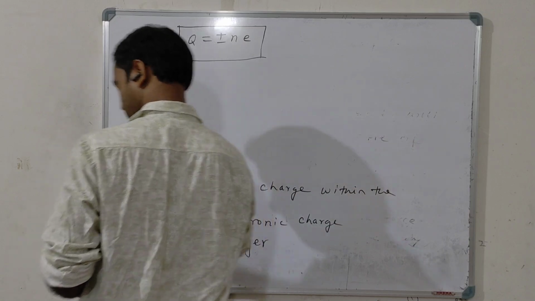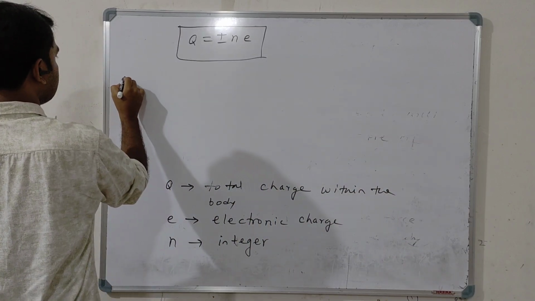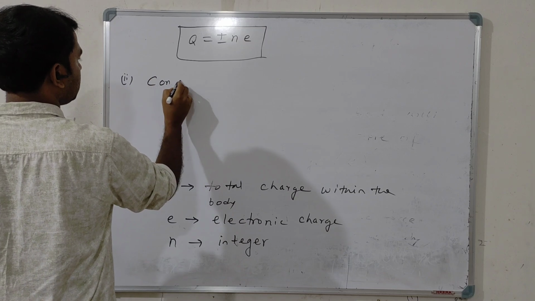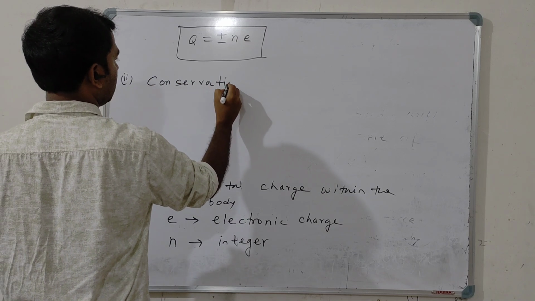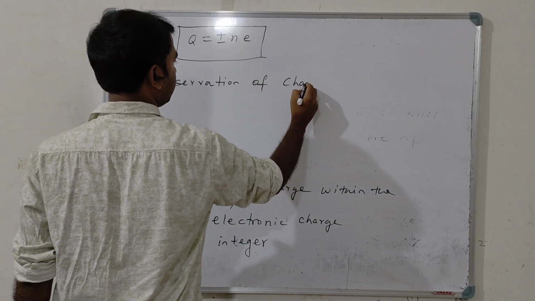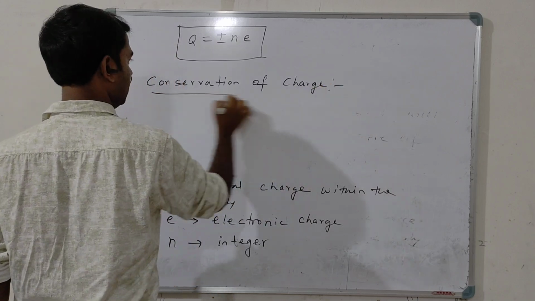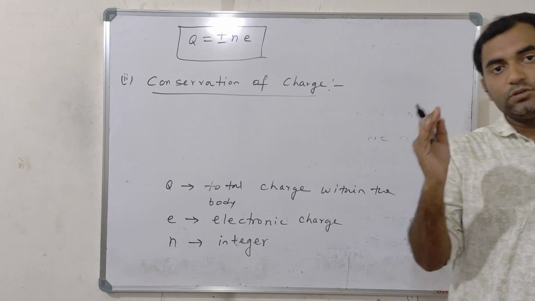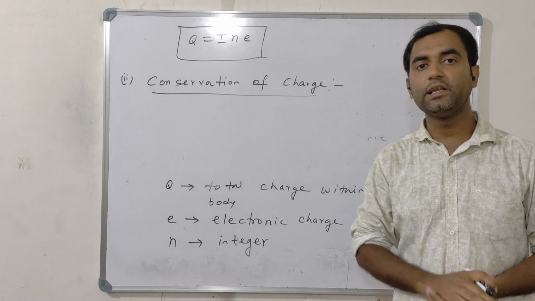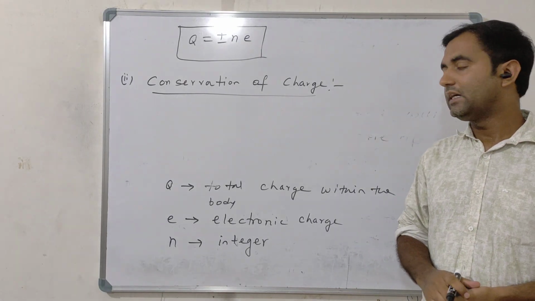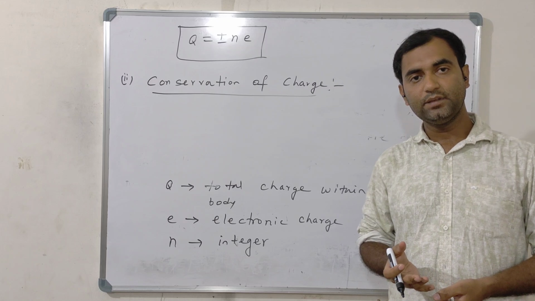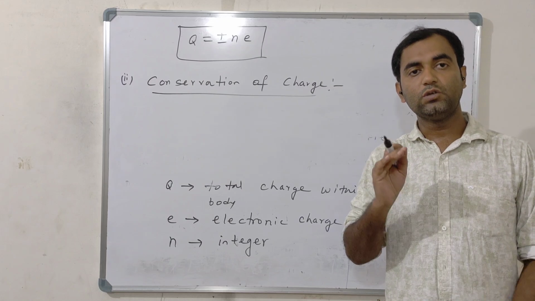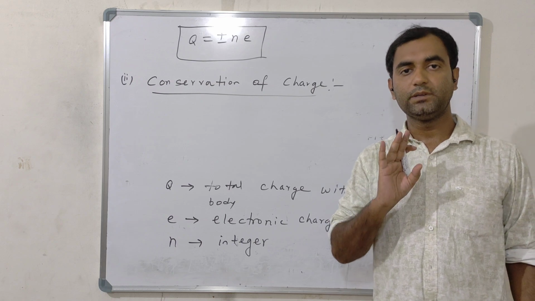Now, the second property is conservation of charge. We have to deal with an isolated system actually. If we consider that the system is isolated, then within that system, the total charge will remain constant.